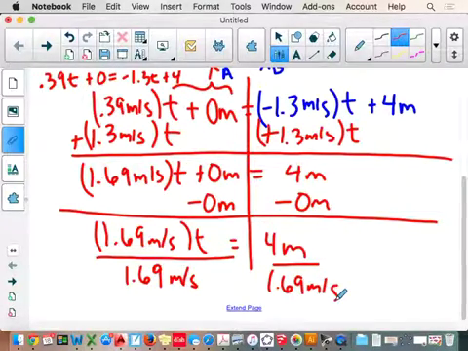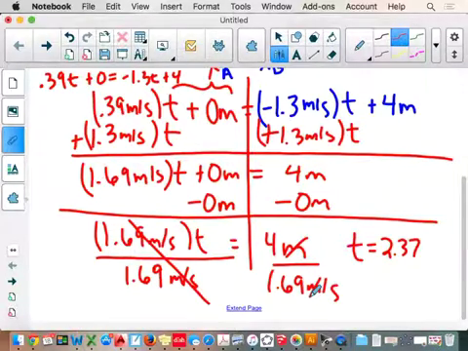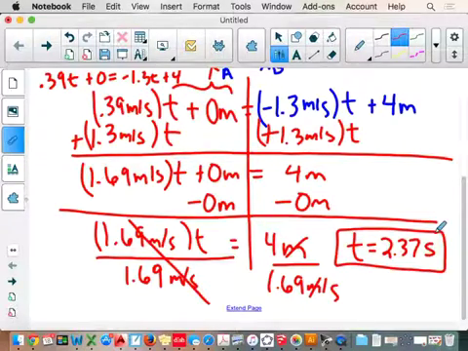All right, and I need a calculator for that, so let me grab my calculator. Time is equal to 4 divided by 1.69, so 2.37 if I round to the nearest hundredth. And then my units, if I cross out meters, we're left with 1 over seconds, and we've done the math on that this year. We realize that that comes down to seconds. Okay, so it's going to take about 2.5 seconds for our cars to collide.